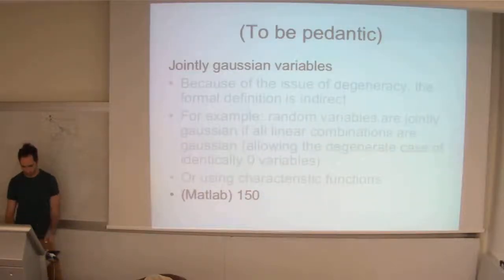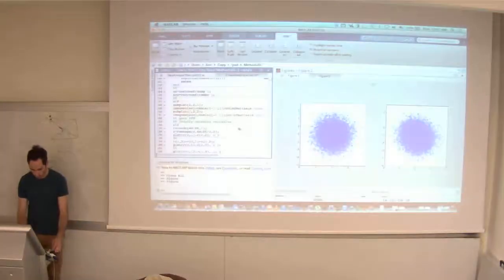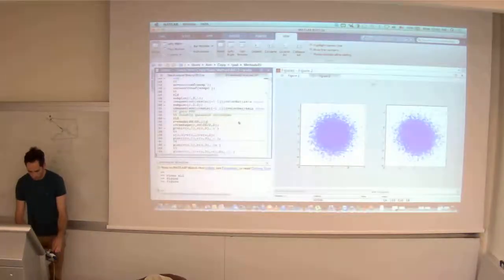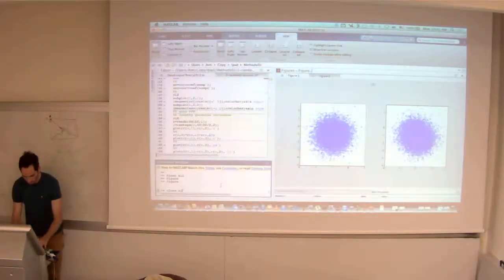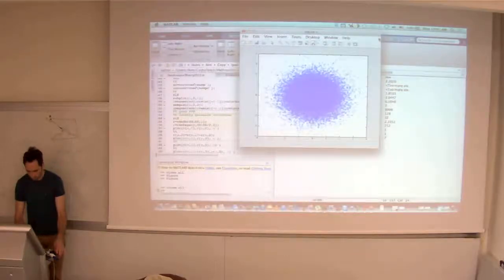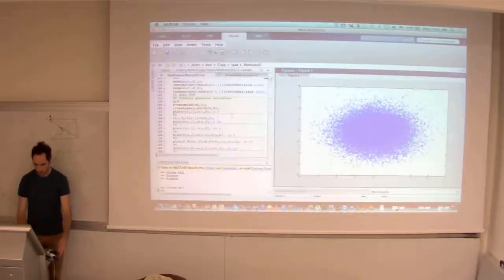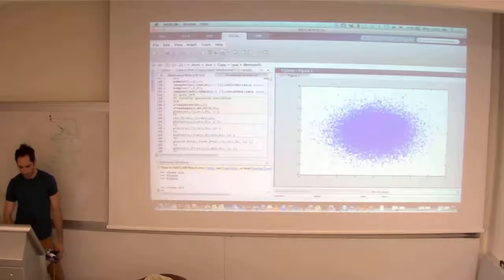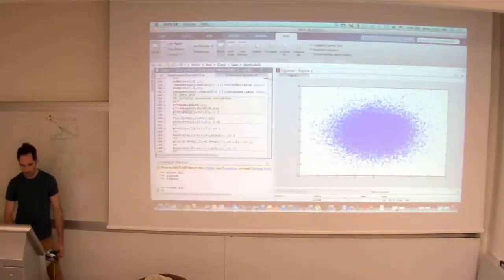Okay. So to be pedantic, let's see some more examples. So now I just made these two vectors which are random, and we're going to look at some distributions of them.